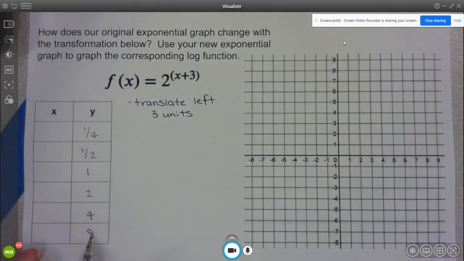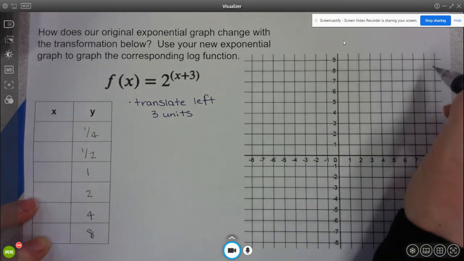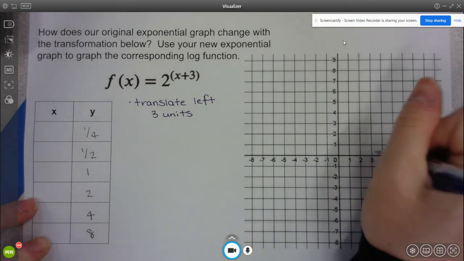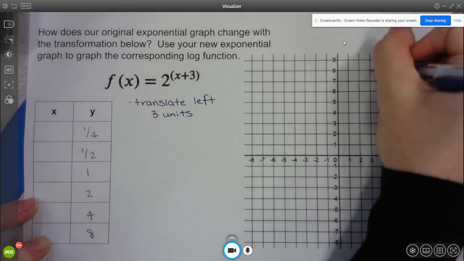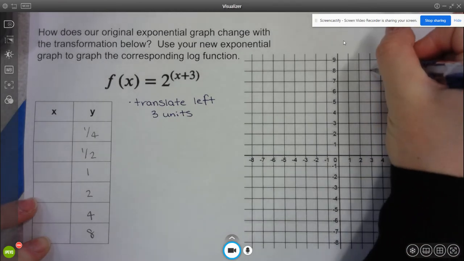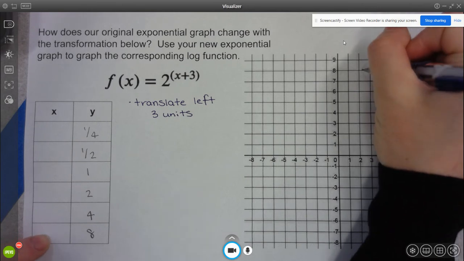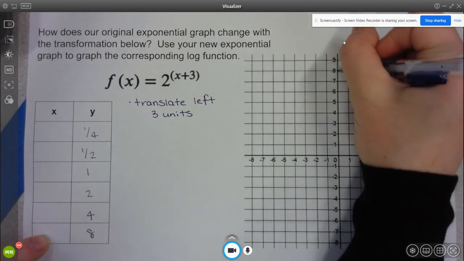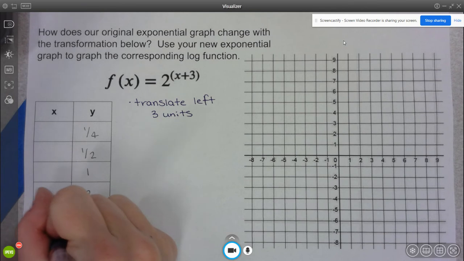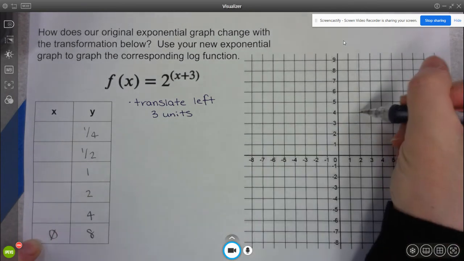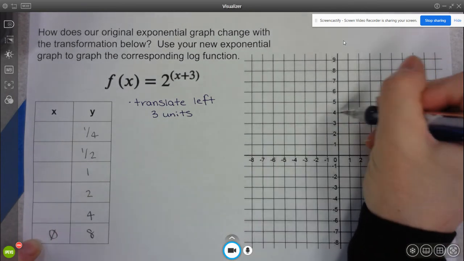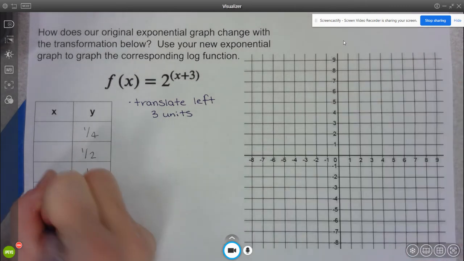So before I was at 3, 8, excuse me, because I'm doing the original function. If I'm moving this original point, which was the last point in my first table, if I'm going left 3, 1, 2, 3, well, that's going to put me at 0. The next one was 2, 4. Moving that left 3 is going to put me at -1.